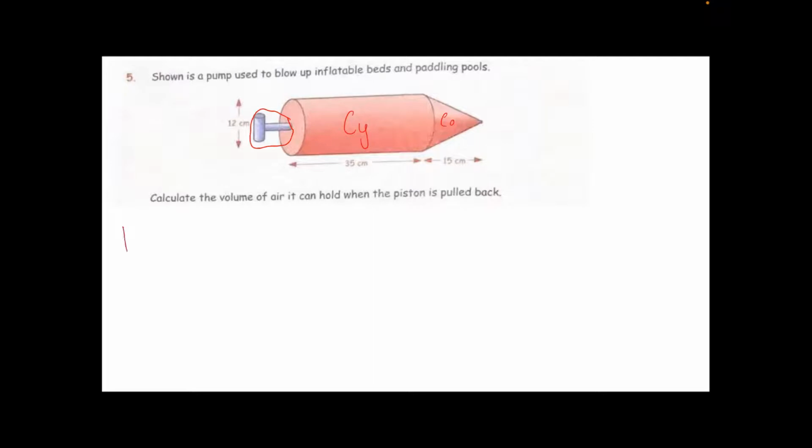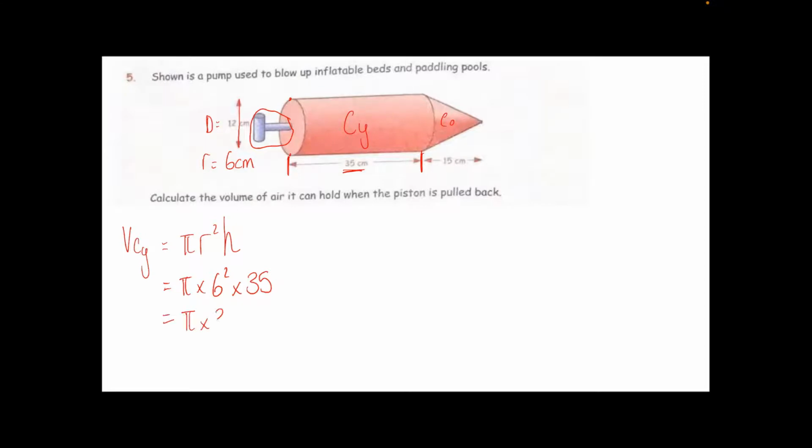So if we start with the volume of our cylinder, we have got pi times by the radius squared times by the height. Now we have been told that this full length here is 12 centimetres. That is going from one edge of the circle straight to the other, so that is our diameter. Our radius then, we should know by now, is half of that, so it is 6. So pi times by 6 squared times by the height of the cylinder, so that is going from here to here, so is just 35 centimetres.